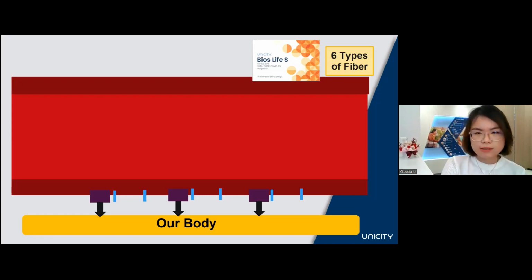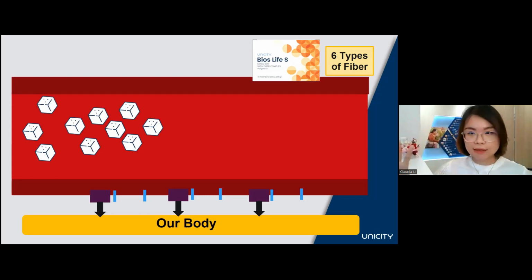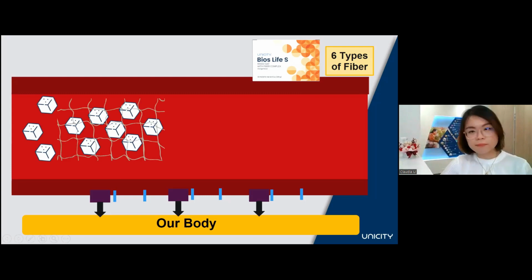And how does it work is this. After we eat, there will be sugar molecules, as we said. Because Bioslife S has this very unique kind of technology, it expands like a huge net that can trap these sugar molecules.